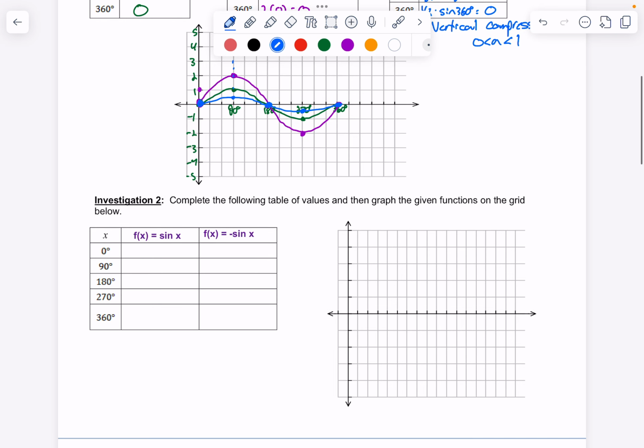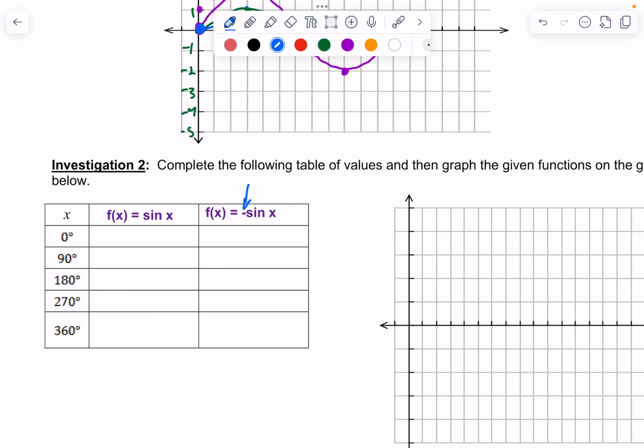So now in this case, look what happens when we make the A here, which is technically negative 1. That's what that negative is there. So for the math, this first column is still our parent. If we plug them in, it's still 0, 1, 0, negative 1, and 0.